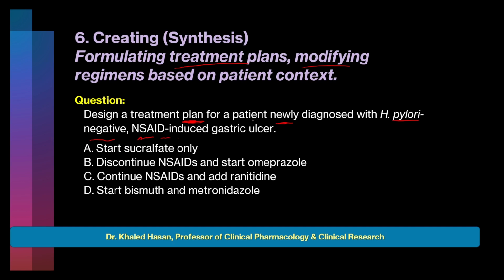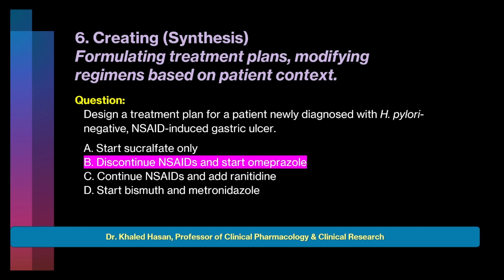A, start with sucralfate only. B, discontinue NSAID and start omeprazole. C, continue NSAID and add ranitidine. Or D, start bismuth and metronidazole. So what is the correct answer? A, B, C, or D? The correct answer will be discontinue NSAID and start omeprazole.